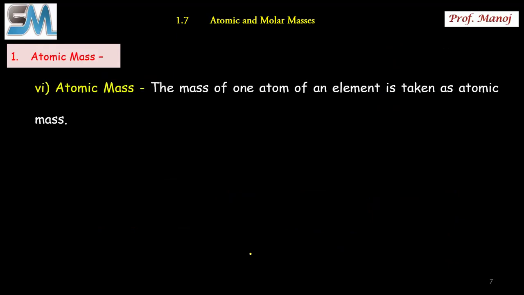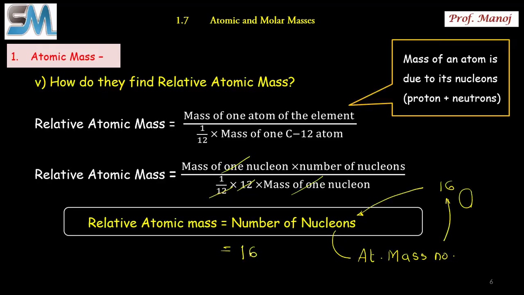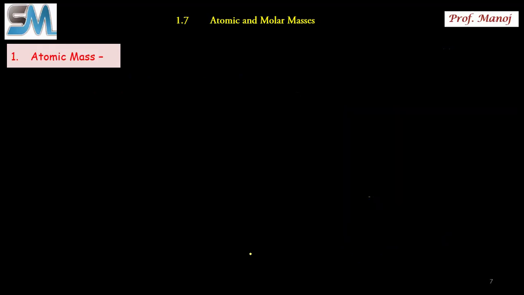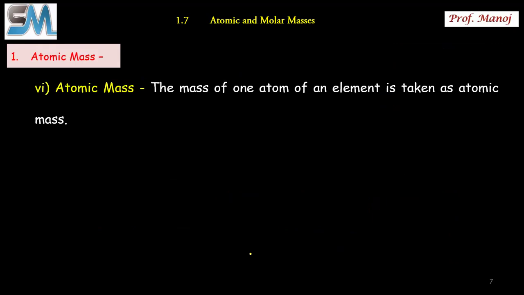Before that, we will define one more thing. Atomic mass. Remember, I go back again. The term was relative atomic mass. Now I am coming to atomic mass. And what is it? Mass of an atom of an element taken as atomic mass. So, atomic mass is equal to relative atomic mass multiplied by AMU.